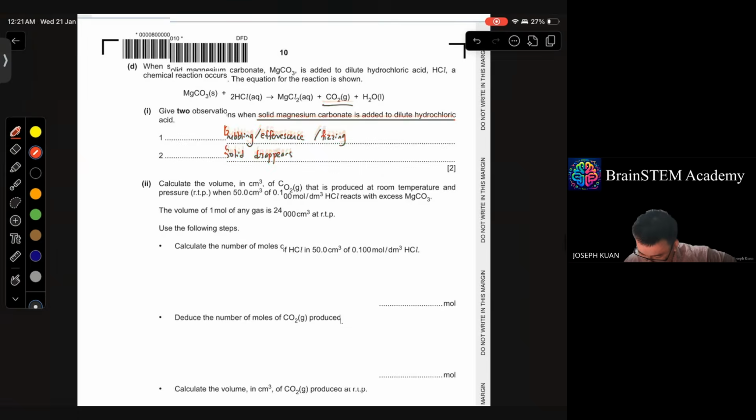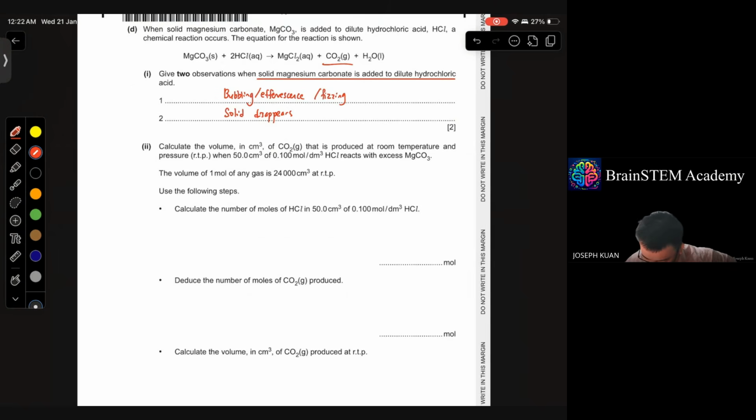Okay, next is stoichiometry. Calculate the volume of CO2 that is produced at room temperature and pressure when 50 cubic centimeters of 0.1 mole per cubic decimeter hydrochloric acid reacts with excess magnesium carbonate. To do this question, very simple, 3 simple steps. We will have to find the number of moles of hydrochloric acid first.